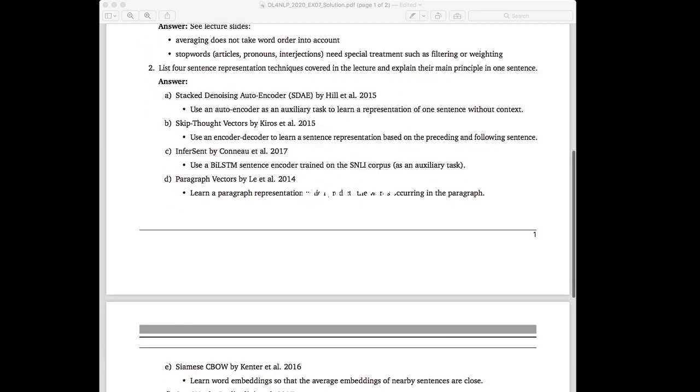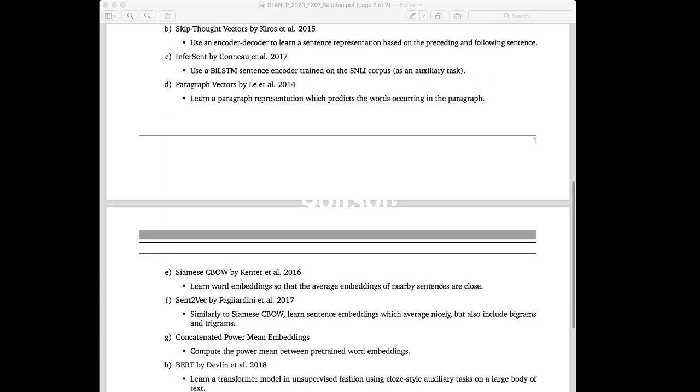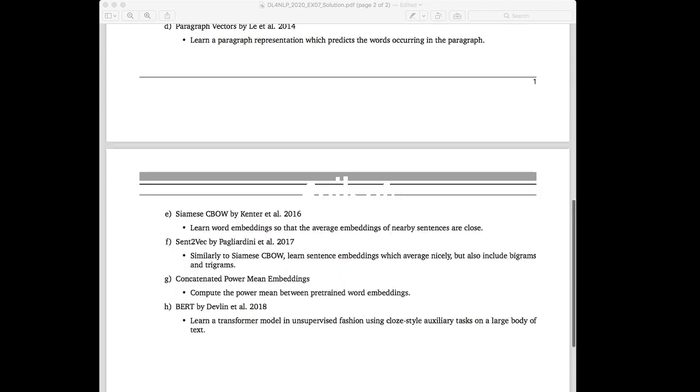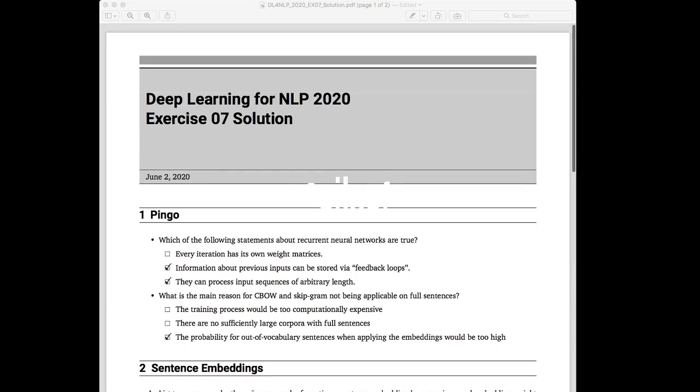So some people proposed different ones, called concatenated power mean embeddings, which use some statistical information to make the word embedding conversion more meaningful.